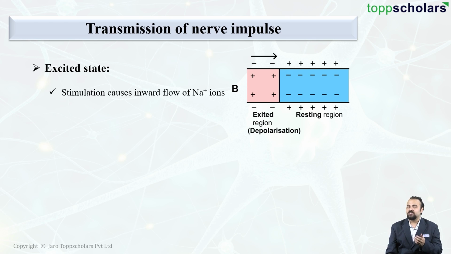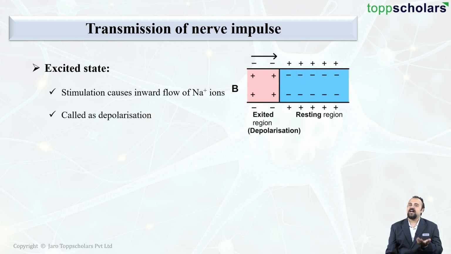Now this occurs because the stimulation causes an inward flow of the Na plus ions, and therefore so many positively charged ions come inside that now the inner portion of the axon becomes positively charged and the outer portion has a comparatively negative charge. This particular position or this particular phase is called as depolarized state, or this particular process is called as depolarization.